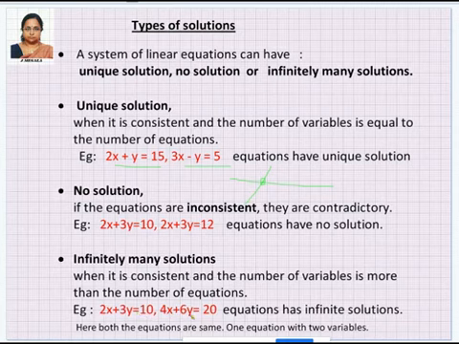That means it's one and the same equation. So in that case, you have two variables and one equation, and you will get infinite solutions. It's almost like you have a single line, and on that line any point is a solution. You'll get infinite solutions there. It's not two lines, it's a single line.